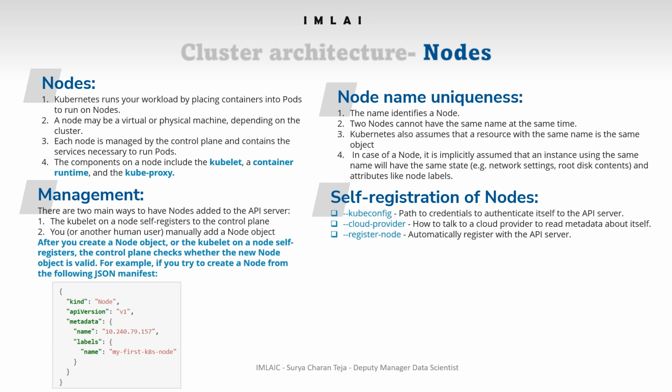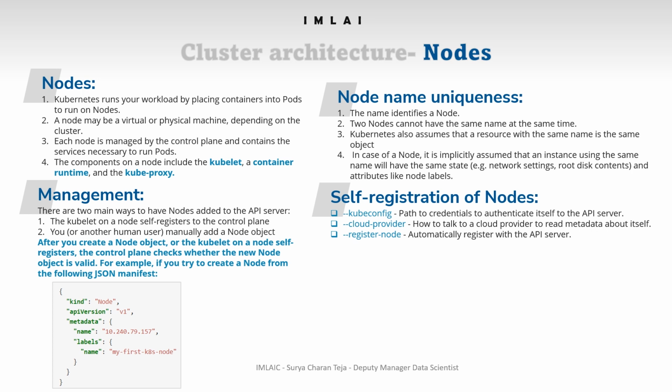Then cloud provider: if it is a cloud provider, how to talk to it to read metadata about itself. Then register-node, which we have seen, automatically registers with the API server. Then we have register-with-taints, to register the node with the given list of taints. We have to mention the key and value pairs there.